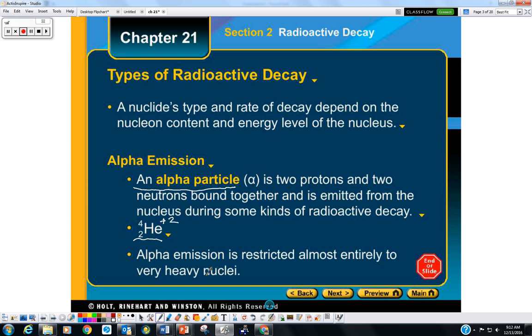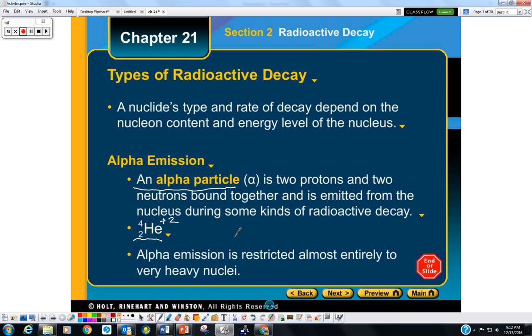Or uranium, it might be uranium-236 that decays, and it becomes thorium-234, giving off those 2 protons and 2 neutrons, thereby deducting the whole mass by 4. And then whenever we write this in nuclear notation, an alpha particle is going to be helium with a mass of 4 and an atomic number of 2.